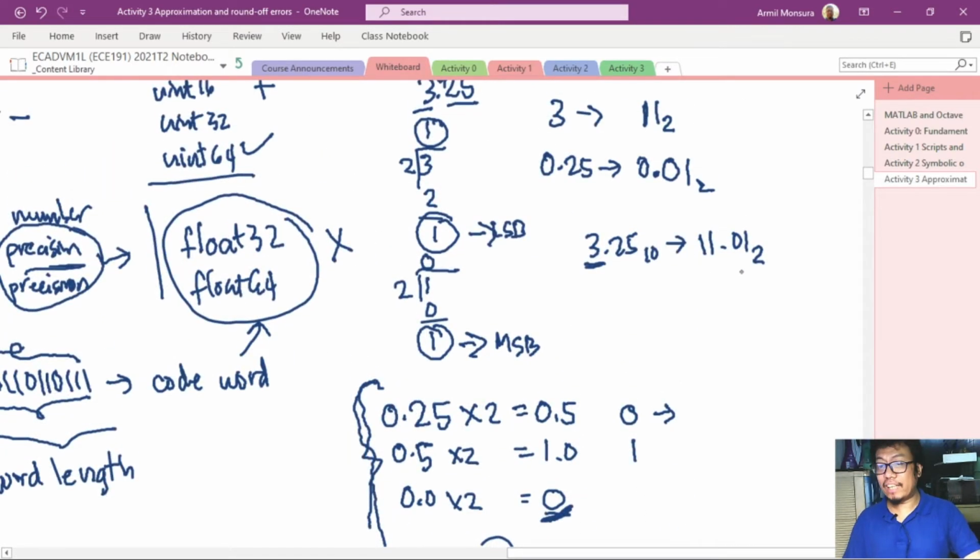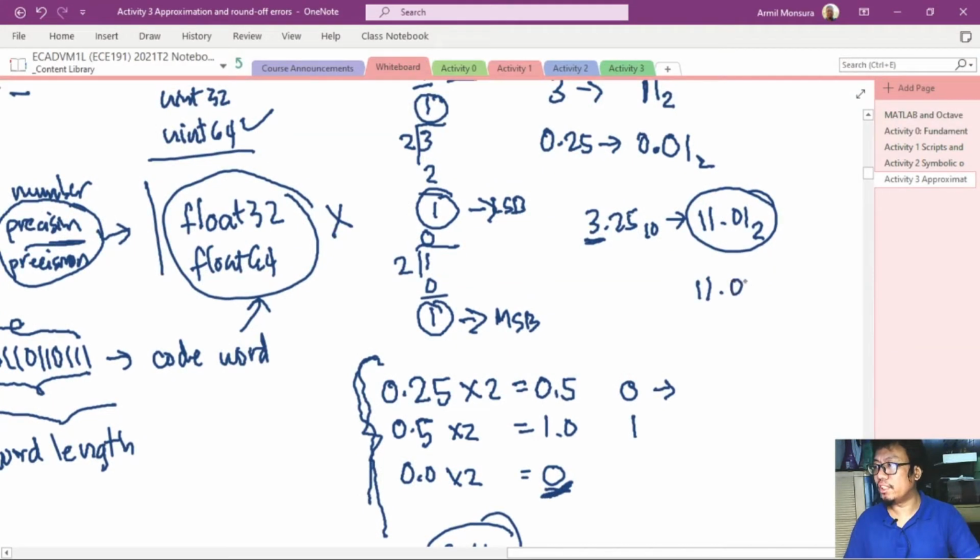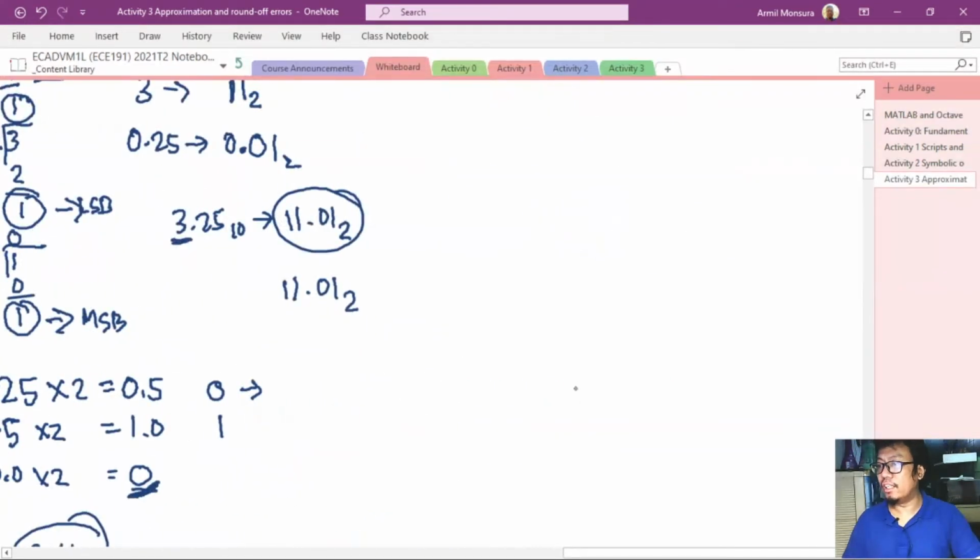If you're converting, say for example, 11.01 in base 2 to a float 64 representation, the first step is to move the radix point so that this becomes a number in scientific notation, but in base 2.